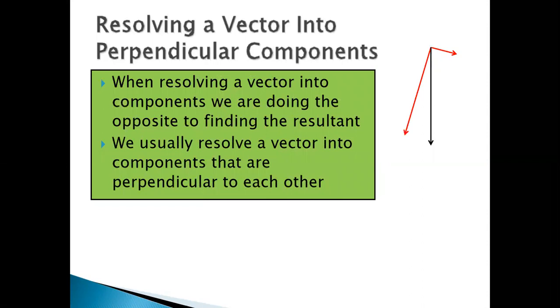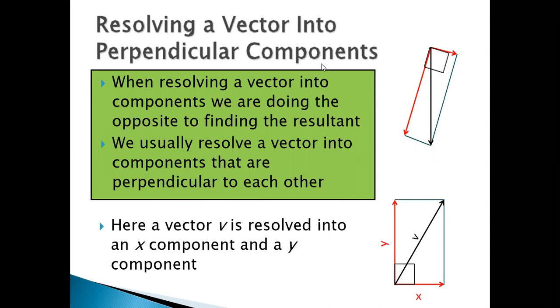We usually resolve a vector into components that are perpendicular to each other. And perpendicular lines are lines that meet at a right angle. And of course, these two vectors are perpendicular to each other. So what do we do? The triangle, the vector has been completed into a parallelogram, and the diagonal has been drawn as well.